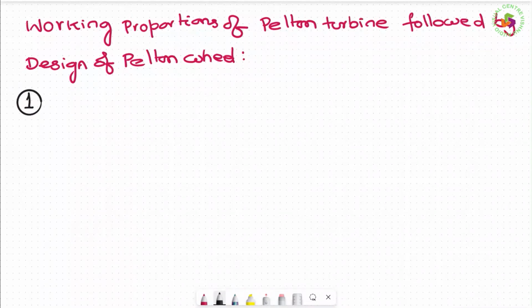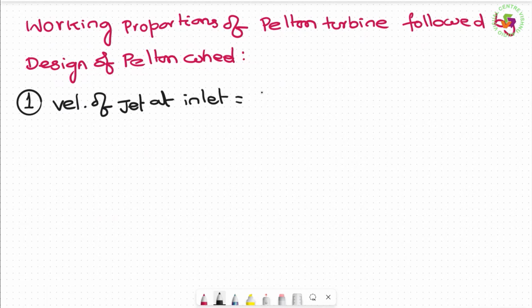Number one, the velocity of jet at inlet. How to calculate these things? All are known to us at some point or the other in the past. V1 is equal to Cv into root 2gH. Generally in any problem, we will be given the net head.